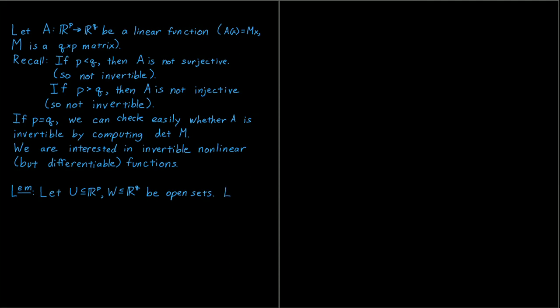Let F go from U to W be invertible, meaning bijective, and let G be F inverse, the set theoretic inverse.